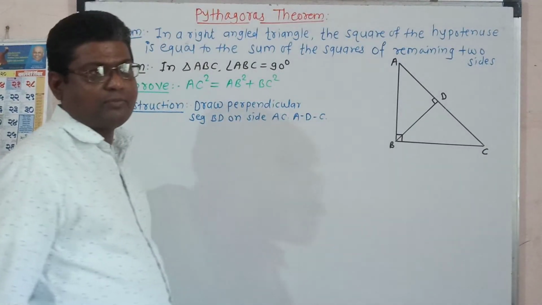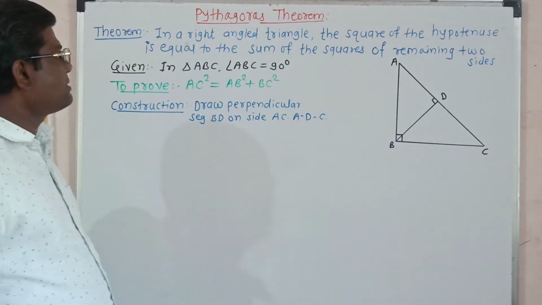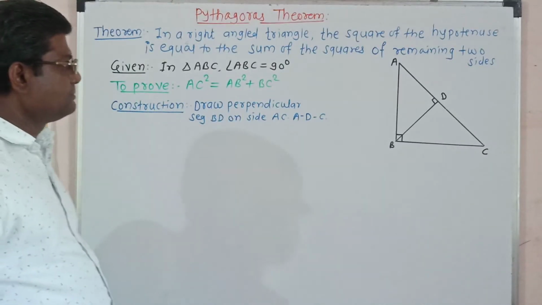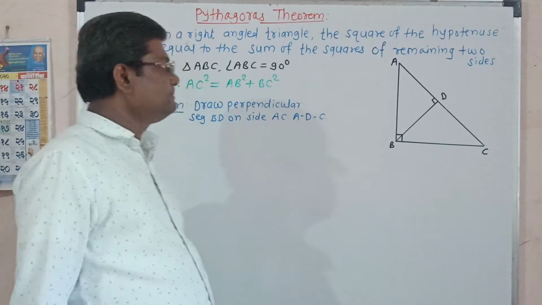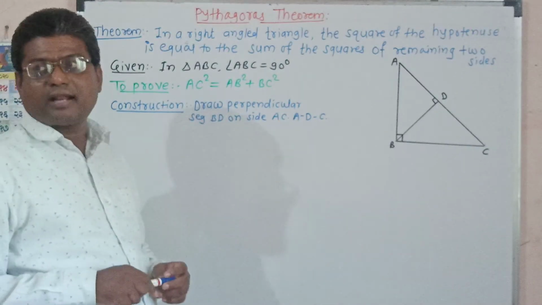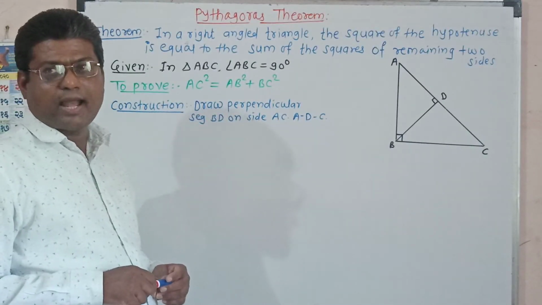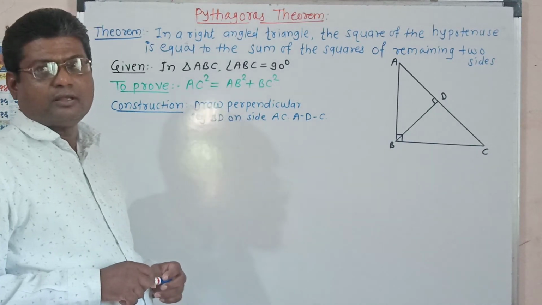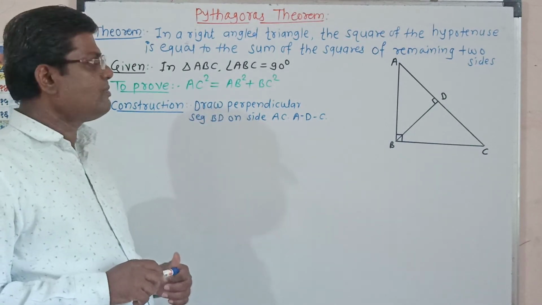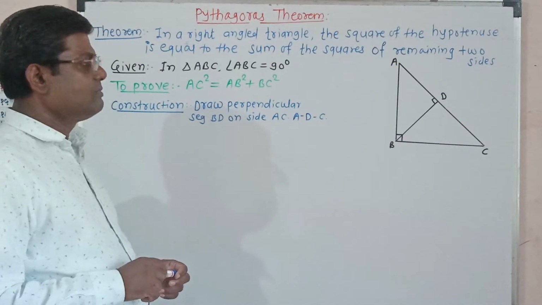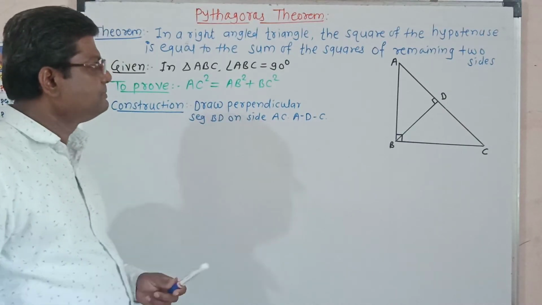Now the next theorem is Pythagoras theorem. What is Pythagoras theorem? In a right angled triangle, the square of the hypotenuse is equal to the sum of the squares of the remaining two sides.